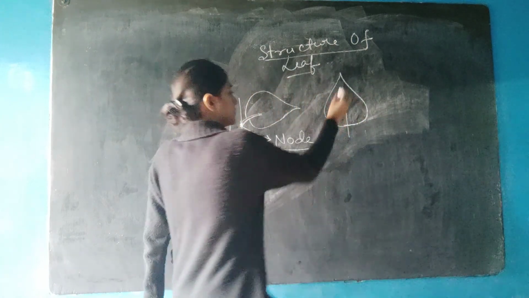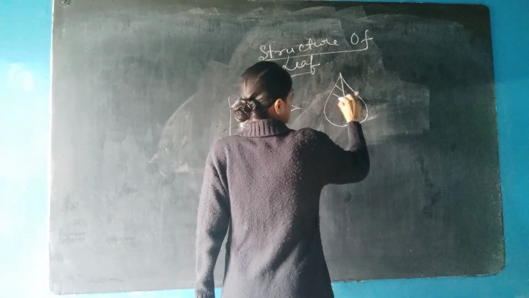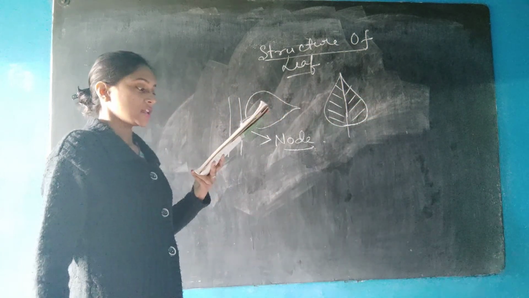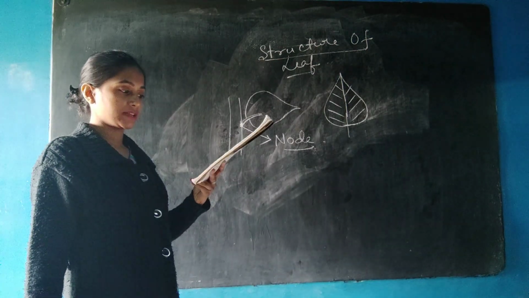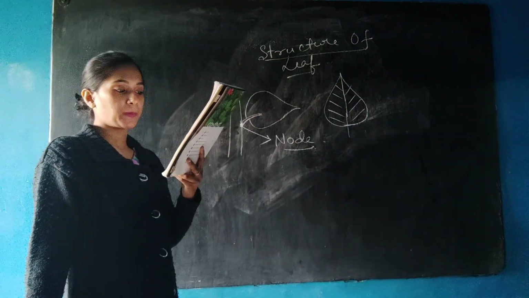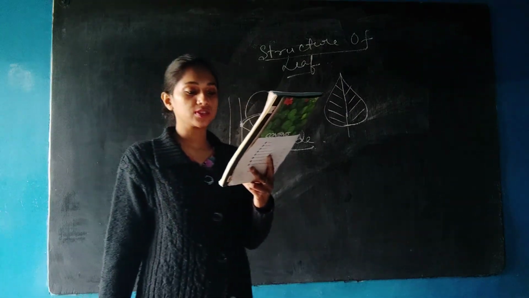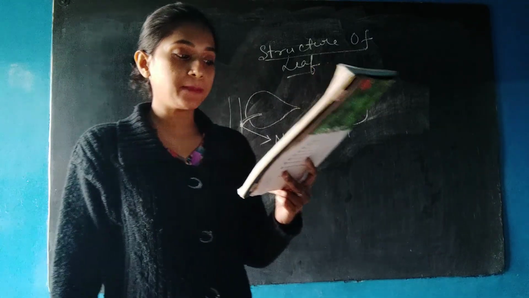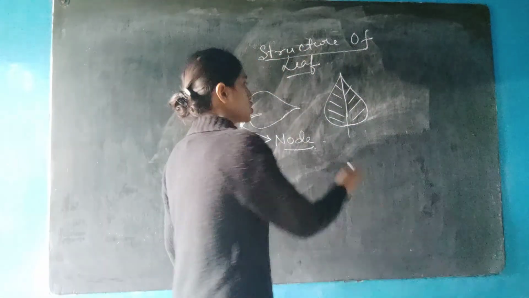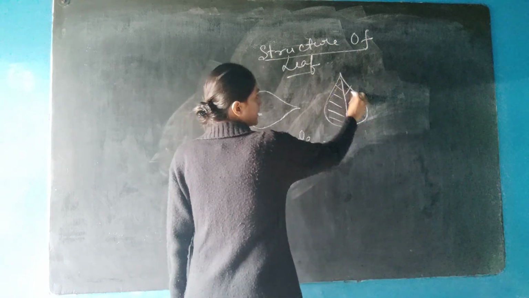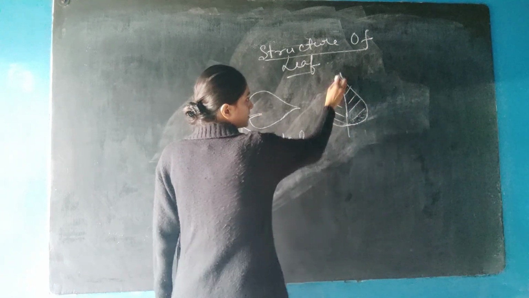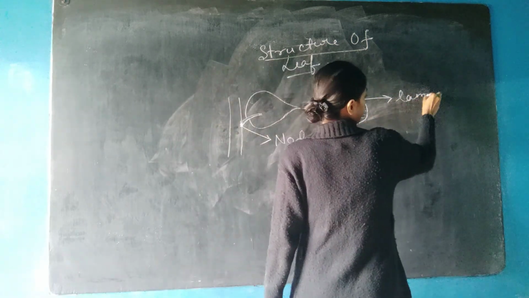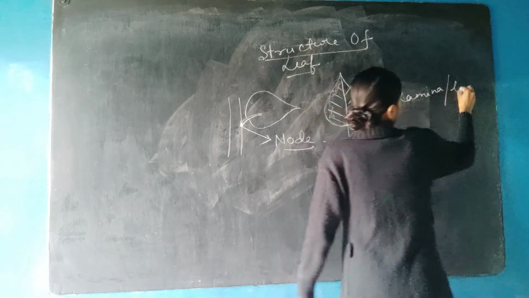Suppose this is a leaf, right? This is the leaf. Now first is the lamina or leaf blade. That is the thin, flat, expanded part of the leaf, which is mostly green in color. The edge of the leaf blade is called leaf margin, and the tip of the leaf blade is called leaf apex. So this entire broad leaf, this entire thing, this is called lamina or leaf blade.